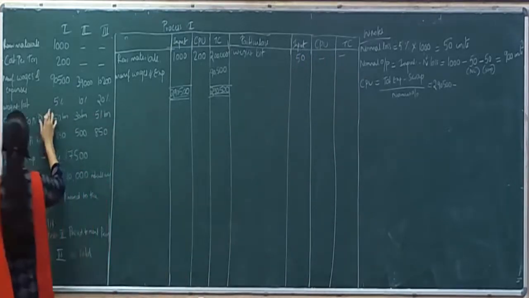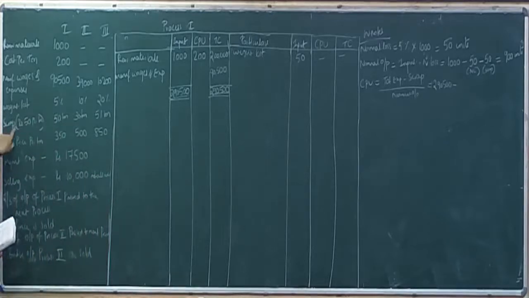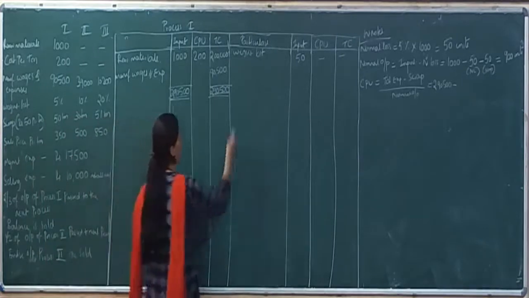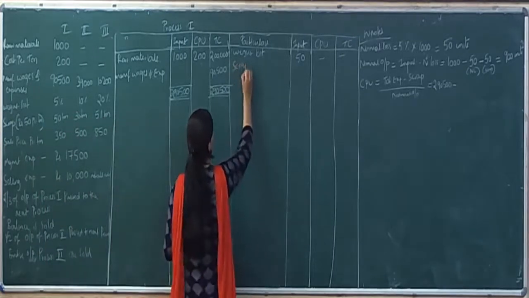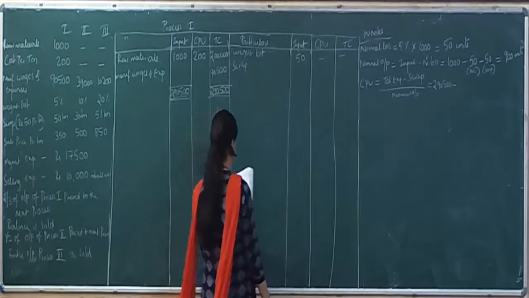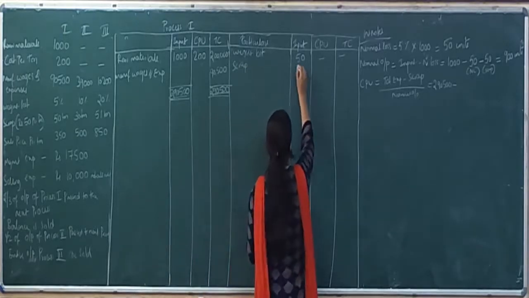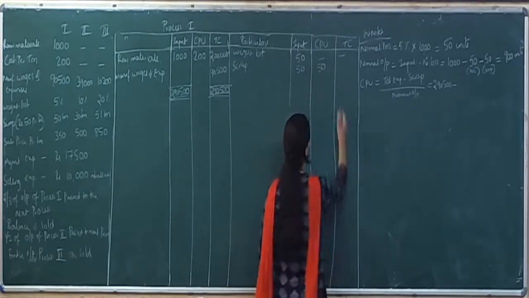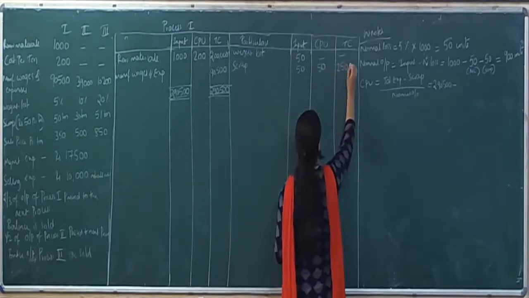They have given only 5% of that. But for scrap they have given ₹50 per ton for 50 tons, so that also we need to record here. Scrap 50 into 50, that comes to 2,500.